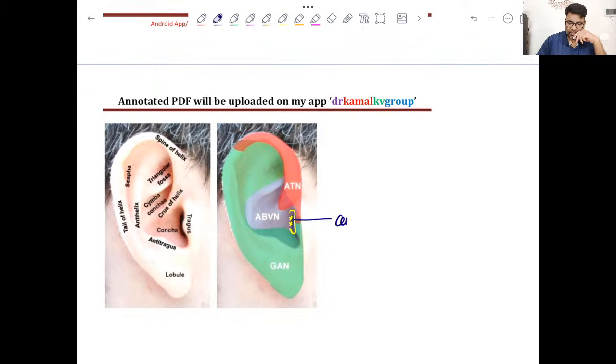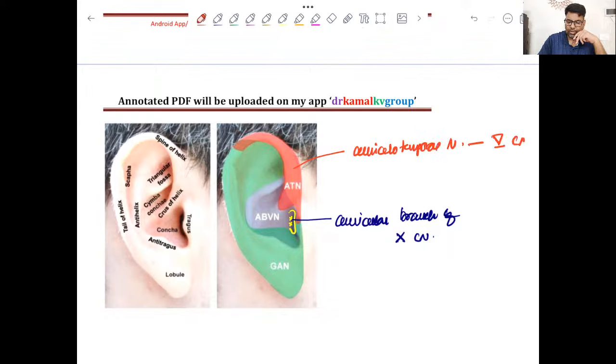So this is the auricular branch of vagus, right? In the red you can see the auriculotemporal nerve, which is from the fifth nerve, right?